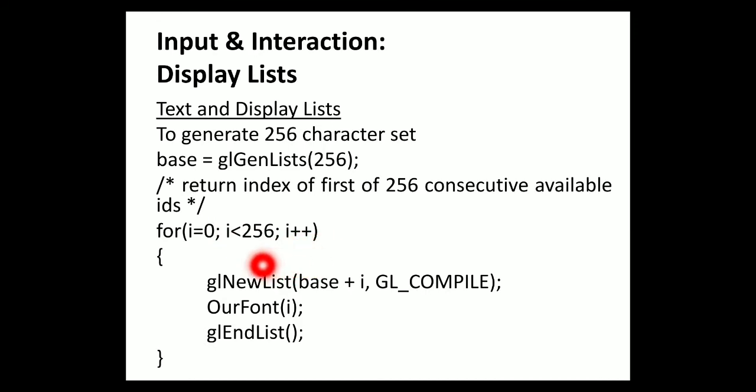We are going to obtain that particular value from the defined list. Then our font function may be one more function defined in order to actually represent that particular object, like how we have used glBegin and glEnd. Our font function will define glBegin and glEnd. In turn, it extracts the definition for a given character, based upon the return value of base plus i.